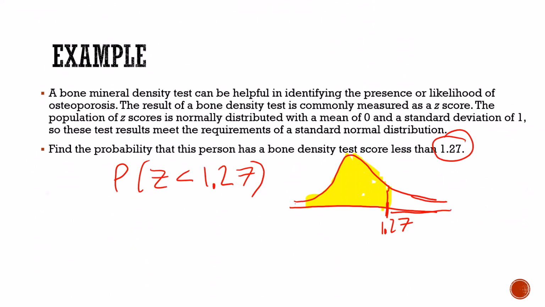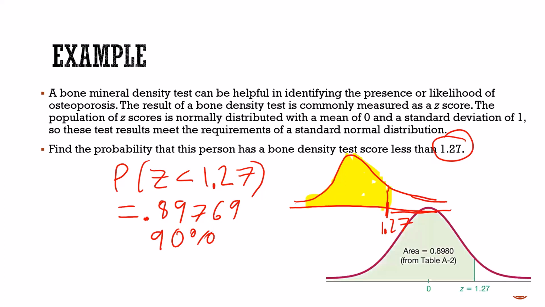So I just found out that this probability is equal to this number, which is roughly 90%. So if you have this bone density score, you have denser bones than 9 out of 10 people. I guess that's better. That's your percentile score.